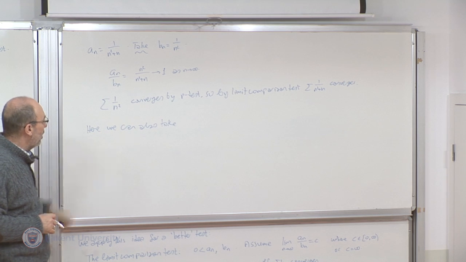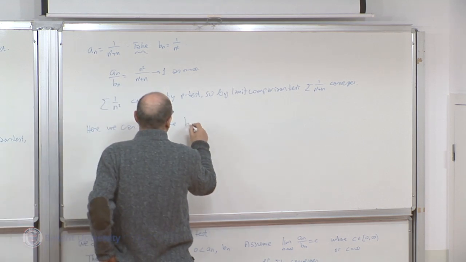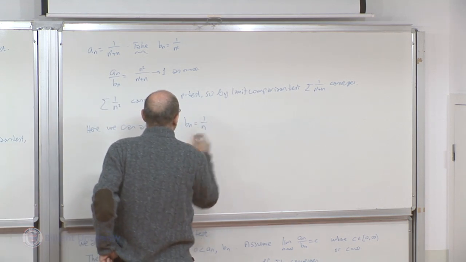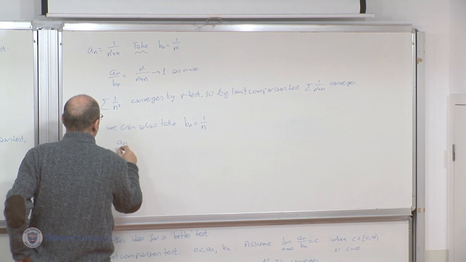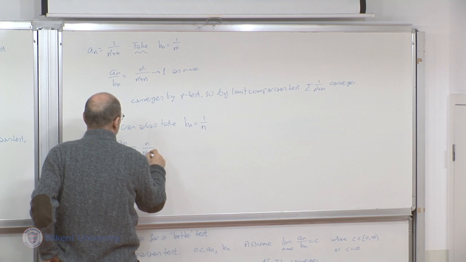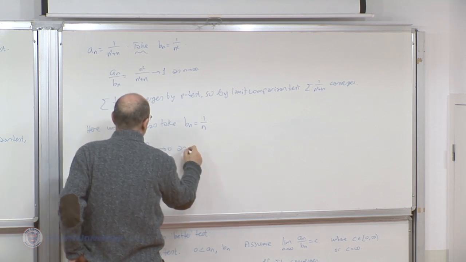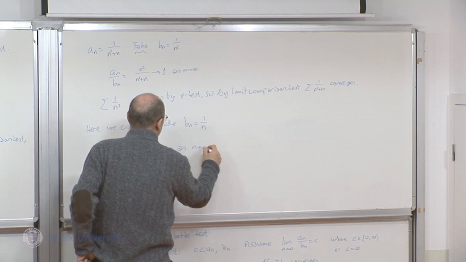But suppose in our first choice, somehow we thought this behaves like 1 over n. bn equals 1 over n. Okay, then you look at an over bn. So this is equal to n over n squared plus n. So this goes to 0 as n goes to infinity.